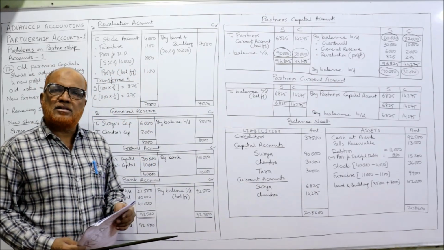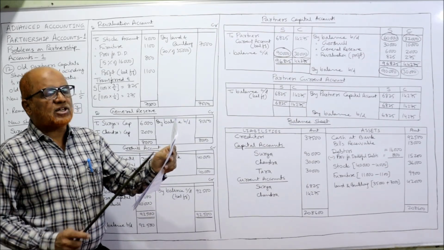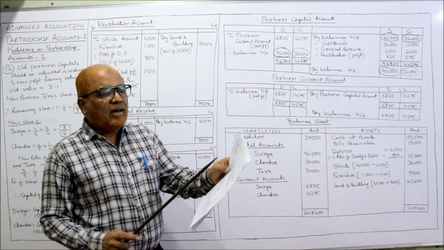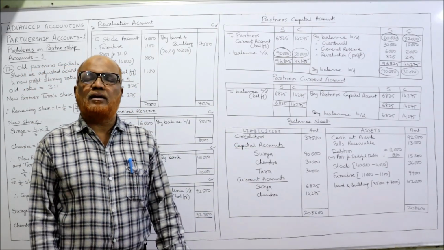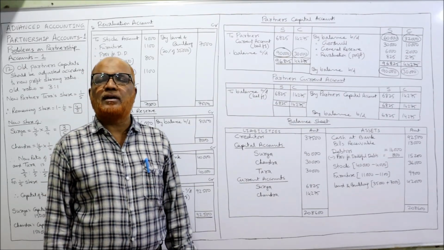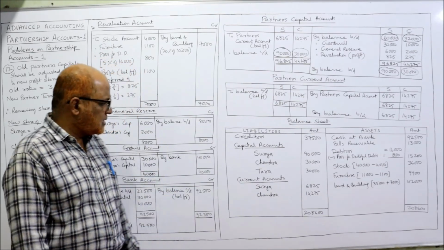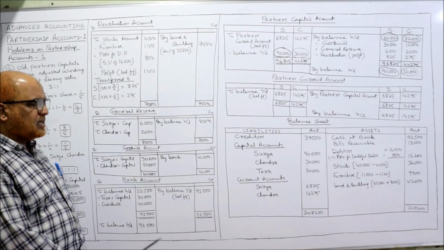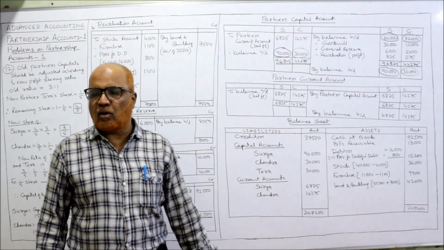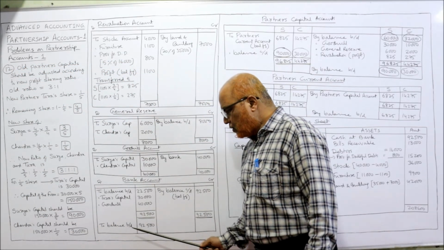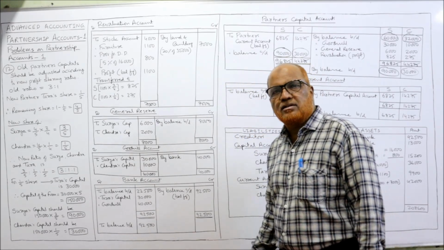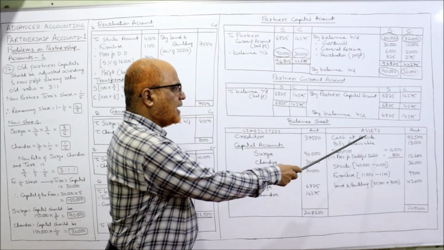Liability side completed. Now I am coming to the asset side, cash at bank. Earlier the old balance was 22,500, but we should not take 22,500; we should take the current new balance. The bank account balance is 92,500, already calculated here as balance brought down, so I have taken 92,500.